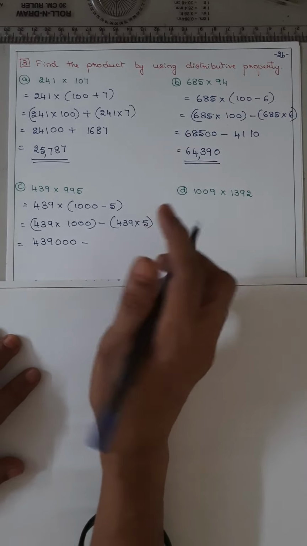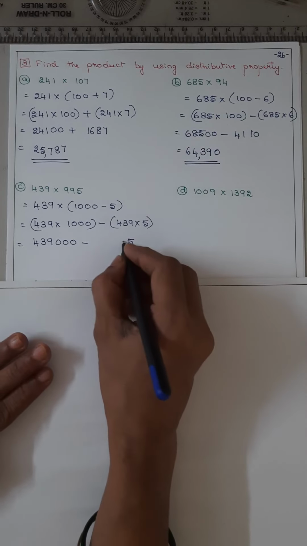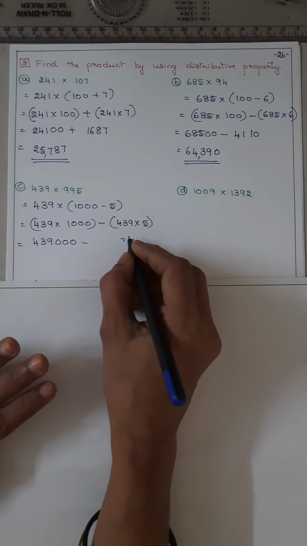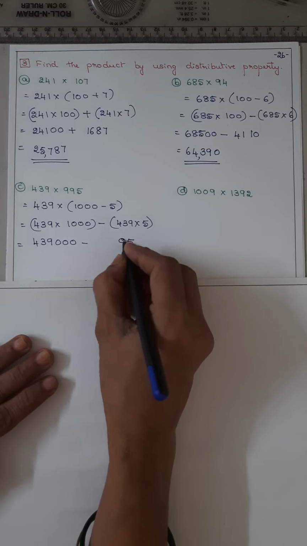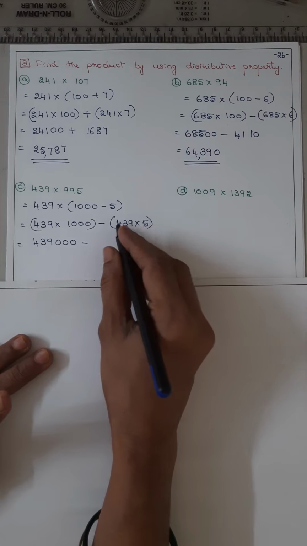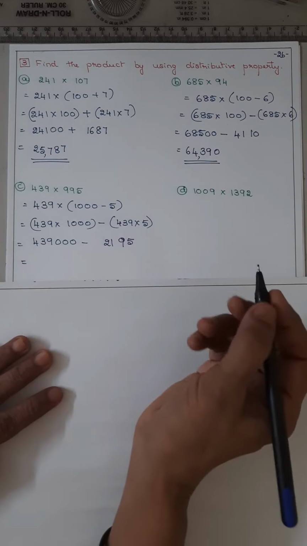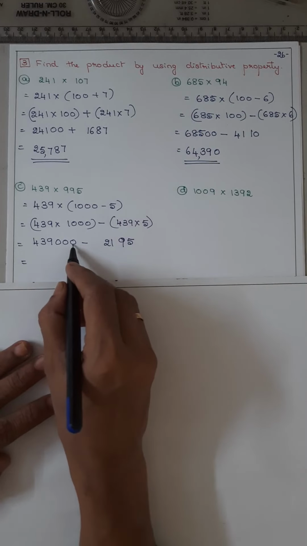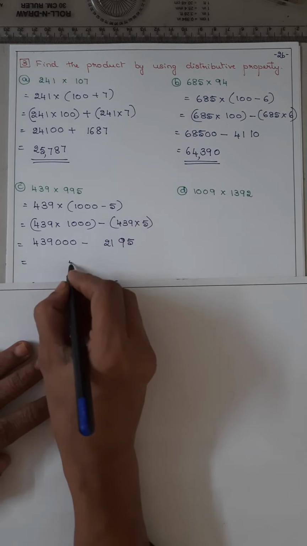minus 5 nines are 45, 5 threes are 15, 16, 17, 18, 19. 1, 4, 5 fours are 20, 21. Now subtract. 0 minus means 10 minus 5 is 5.